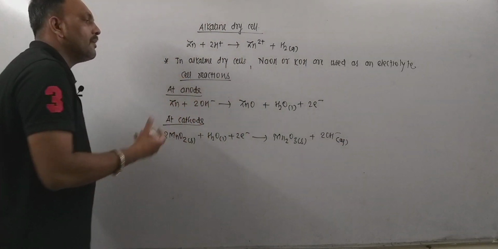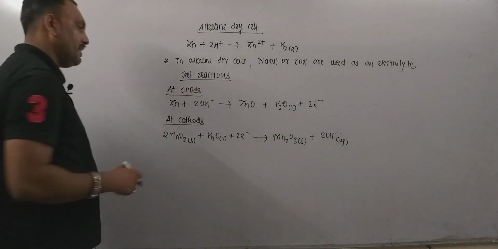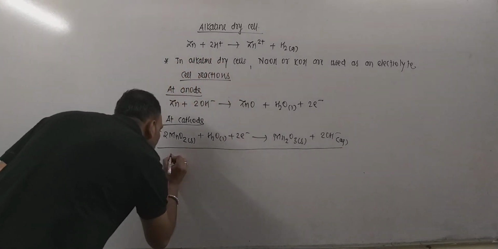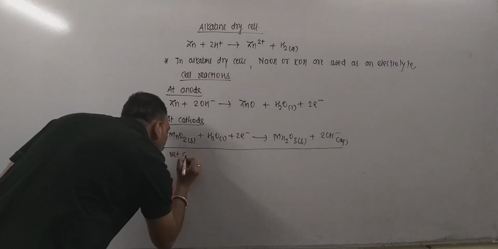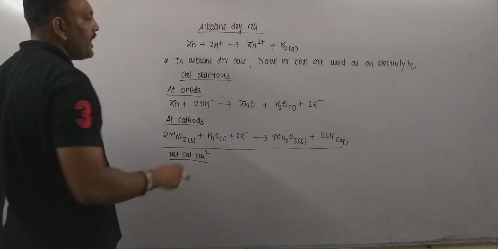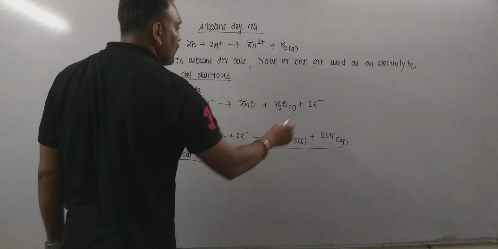In this way, reduction and oxidation take place. So by adding these two, one would receive the net cell reaction.